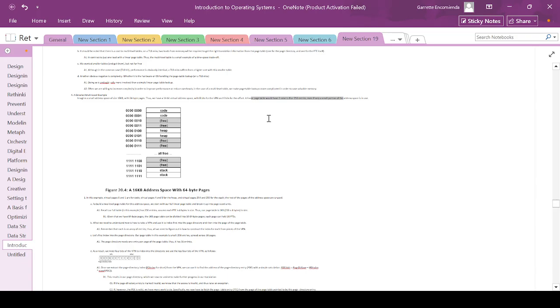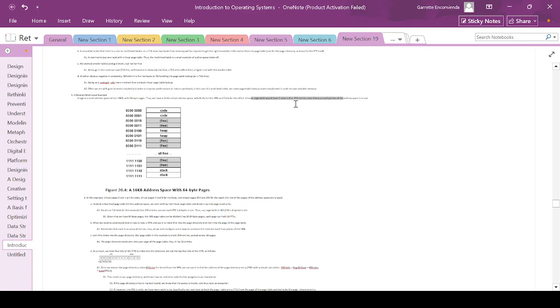Again, the offset will help us locate the exact byte in the physical frame, as we discussed in the previous video.